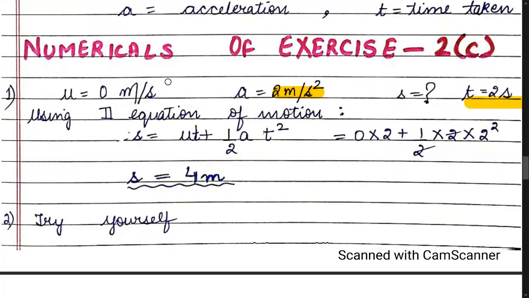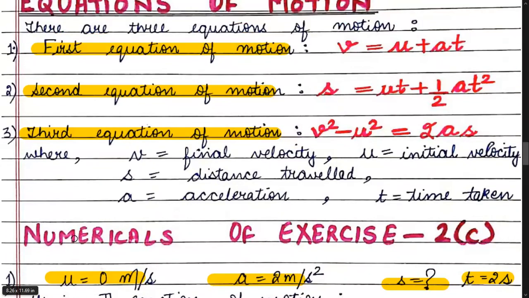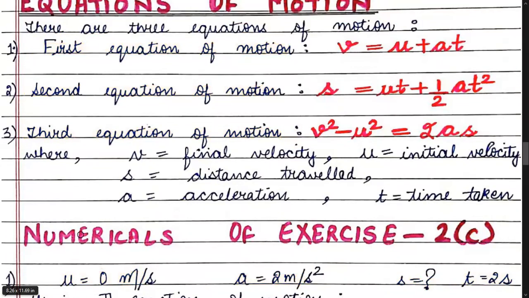Since the body is at rest, its initial velocity is 0 meter per second. Children, the first step is always to write down the things which are given and the thing which is asked to find. So which equation can we use? We have to find S, and we have been given time, initial velocity and acceleration.